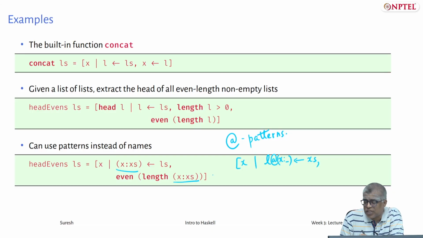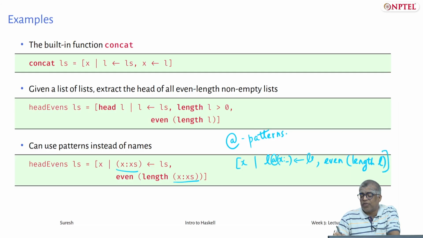So x such that l at x colon underscore belongs to ls, and even length of l. So notice that I am referring to l directly here, but I am also referring to the parts of l when I say x here on the left hand side.